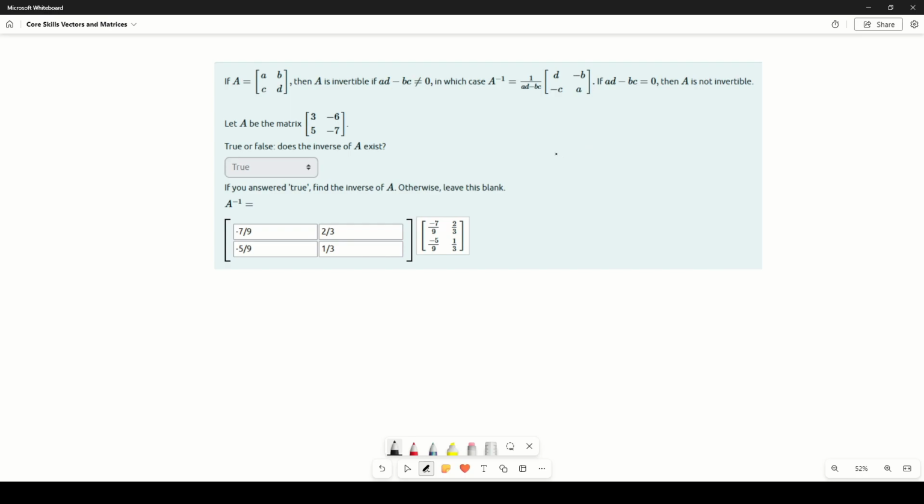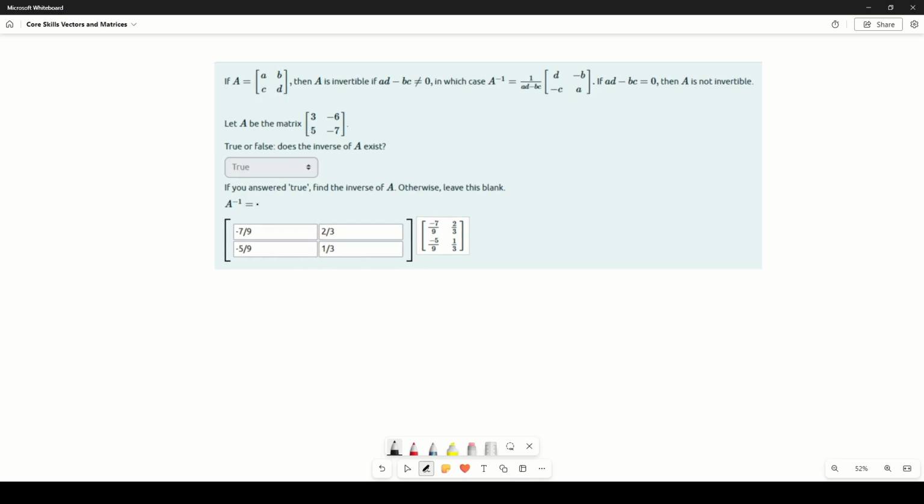So the case where the matrix would not be invertible is when AD minus BC equals 0. So that's what you're going to do first, to check whether this inverse exists. So here we have this matrix, and we can see where A, B, C, and D are meant to be positioned in it.